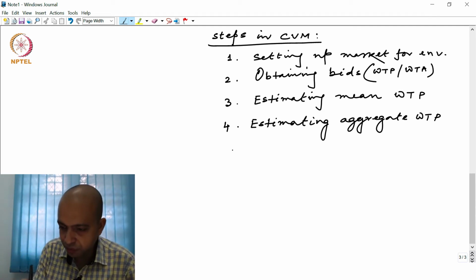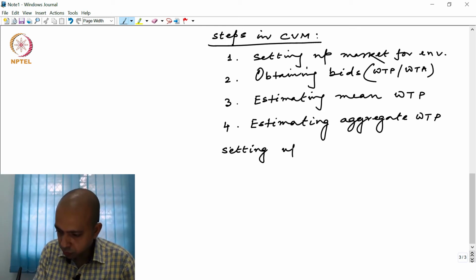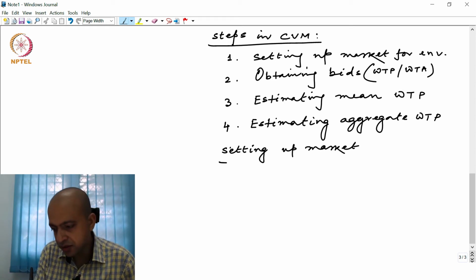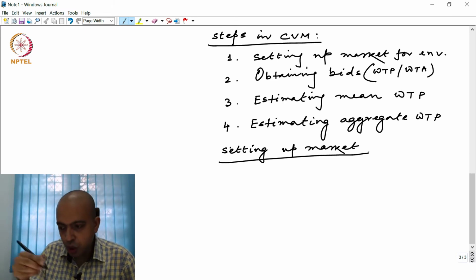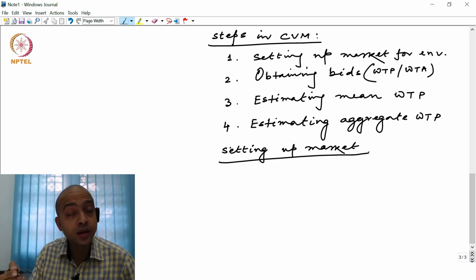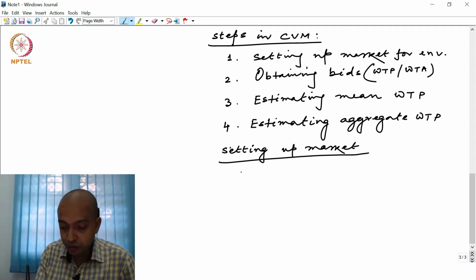So this is setting up the market, step 1. In setting up the market, we are asking the respondents to participate in the market, so this is market participation.